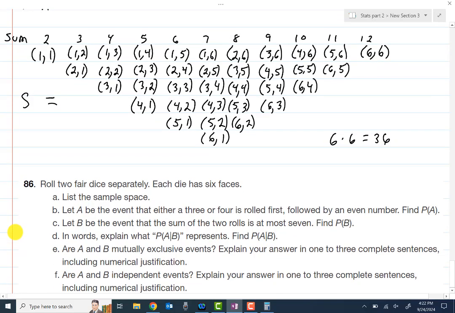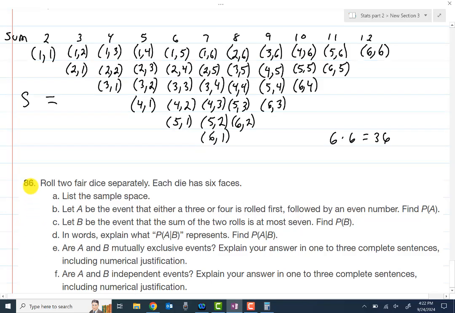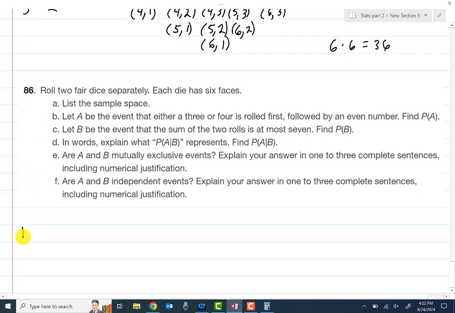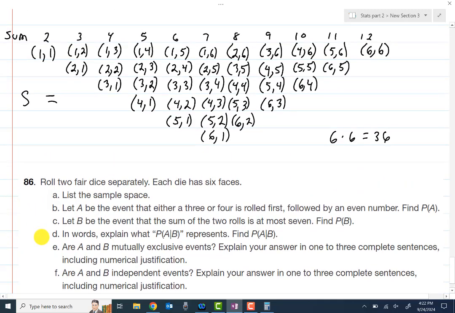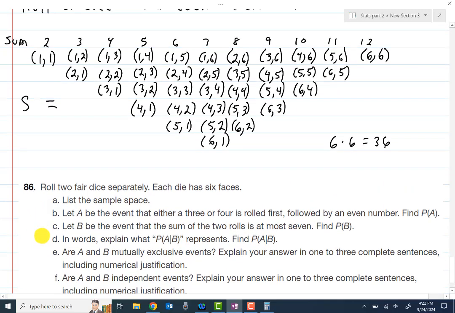Let A be the event of a 3 or 4 rolled first, followed by an even number. So let's write that down: the probability of A. Now what I'm going to do, let me take these pictures in here into consideration as I work the problem. So I'm going to grab this and copy it.